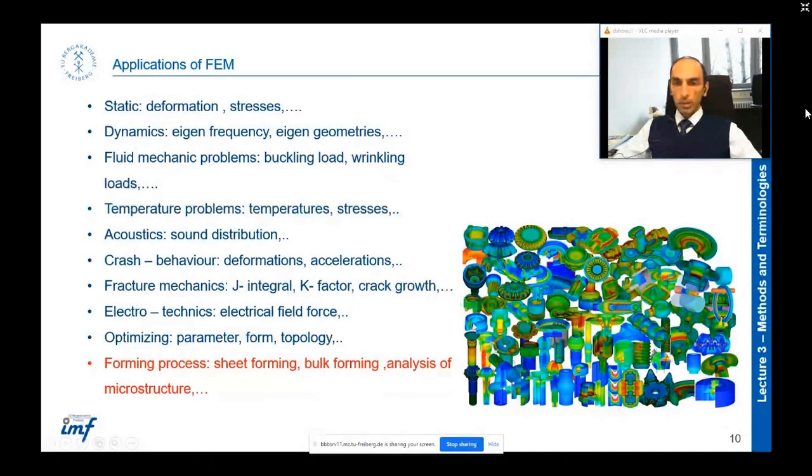So you can see that many parts were simulated, and many design processes were improved using the finite element.